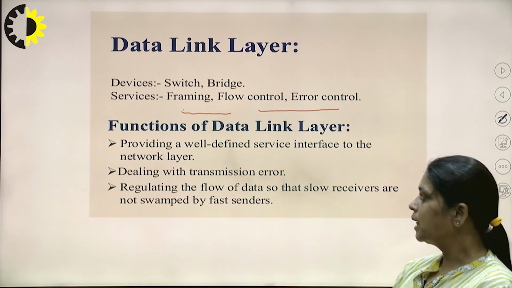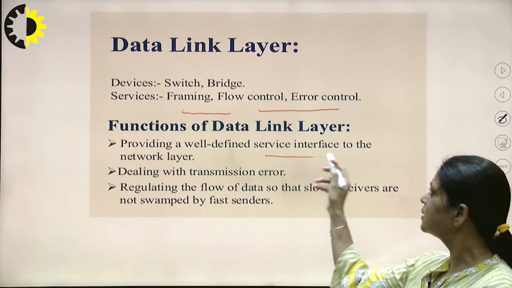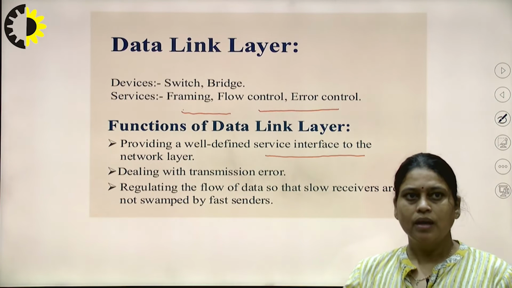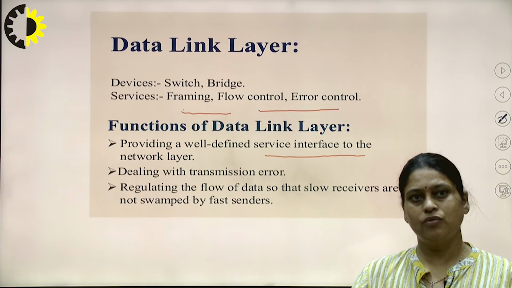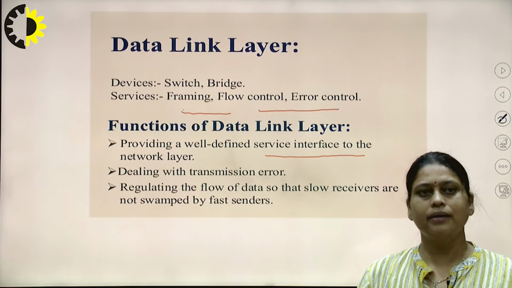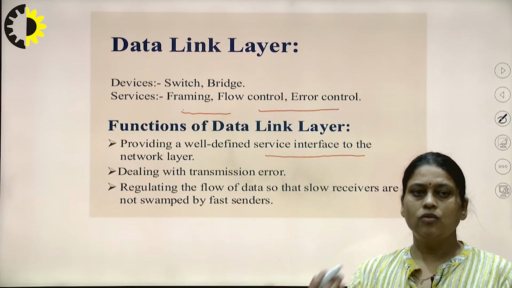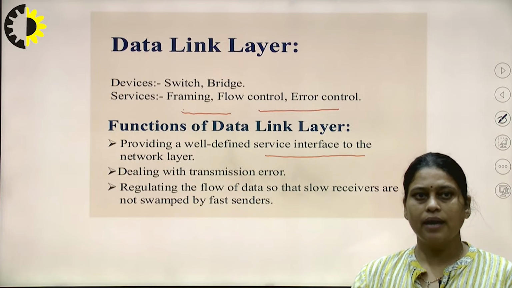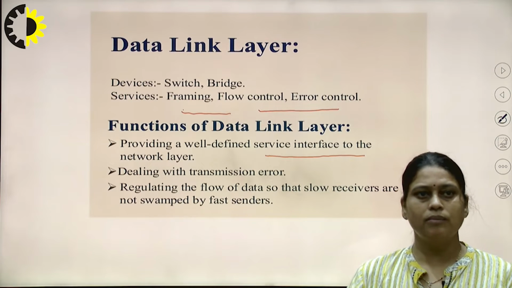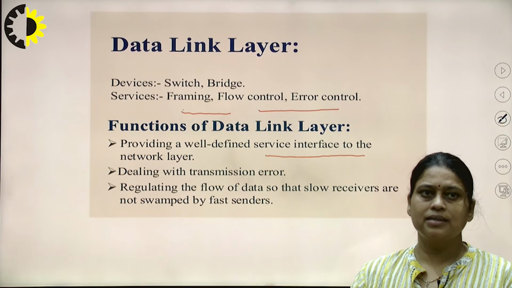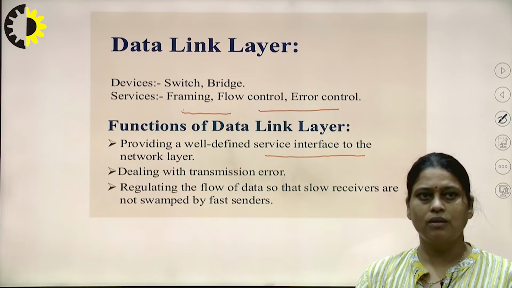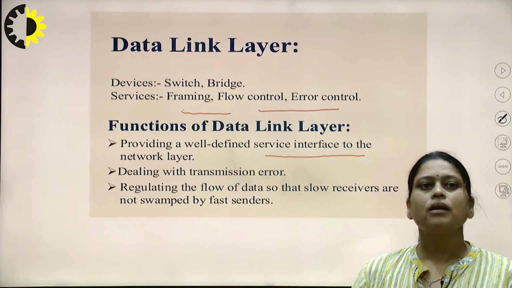The data link layer provides a well-defined service interface to the network layer. It is the communication layer between the network layer and the physical layer. The network layer is the upper layer of the DLL and the physical layer is the bottom layer of the DLL. So, it is an interface between the network layer and the physical layer.